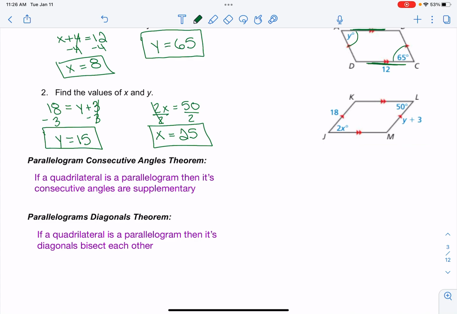So supplementary, also remember, means that they add to 180. And then the parallelogram's diagonals theorem states that if a quadrilateral is a parallelogram, then its diagonals bisect each other. So if diagonals bisect each other, that means that it divides them in half evenly. Remember, that's what that word bisect means, is it cuts it in half evenly.